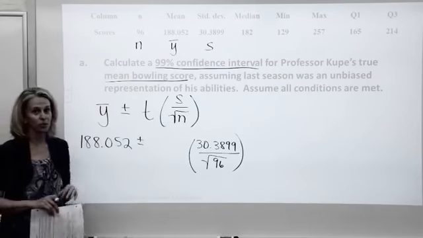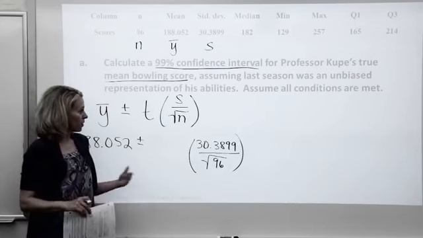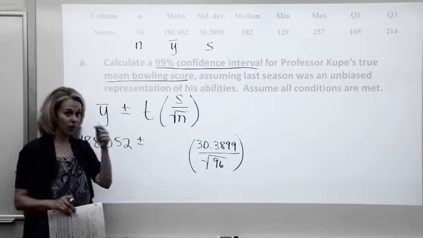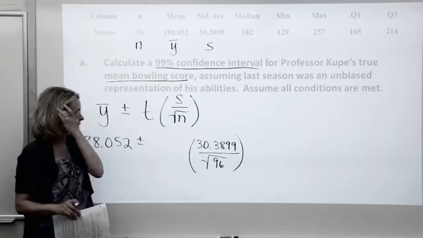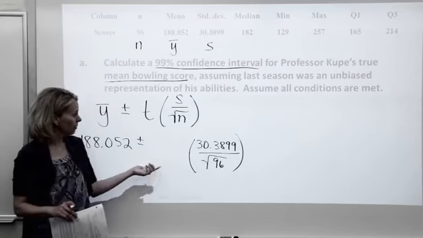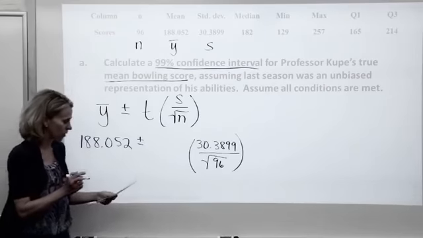Okay, that critical t-score. A video or so ago, we looked at StatCrunch on how to find these, so go back to StatCrunch, go under your calculators, go to the t calculator, and we want to find this critical t-score.